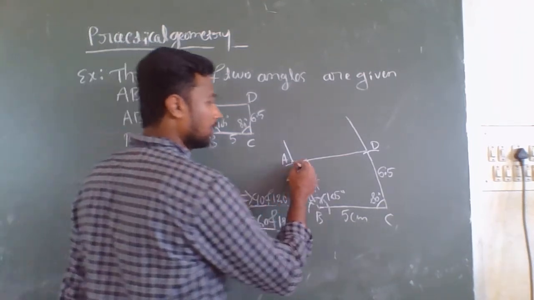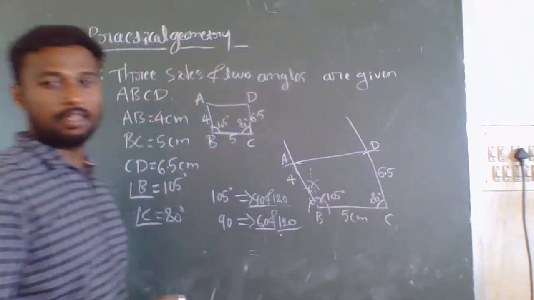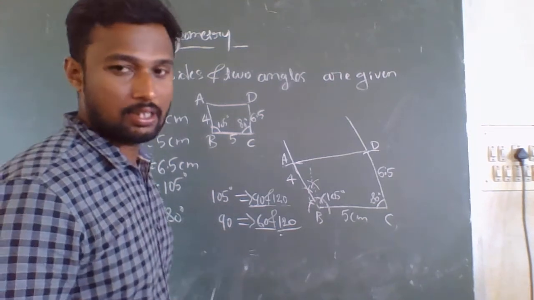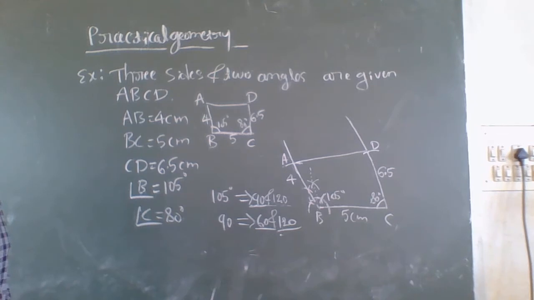Now you can join these two points A and D. So this is how to construct a quadrilateral when three sides and two angles are given. Okay. So now I will move to the next example.